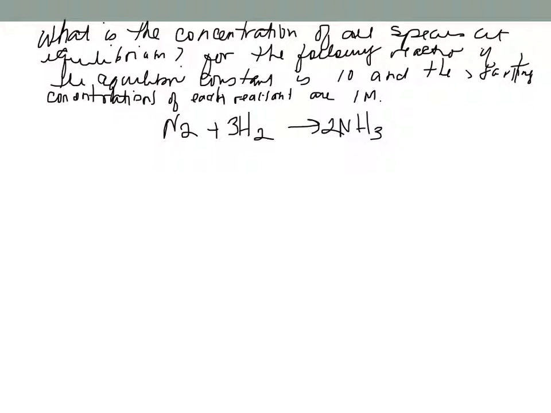We're going to do a couple of these in class. So I'm just laying the foundation here to remind you of how we do this. Remember we have what we call an ice chart. What we're trying to do, remember that the equilibrium constant expression tells us that we've got products over reactants raised to the power of their stoichiometric coefficients, right?